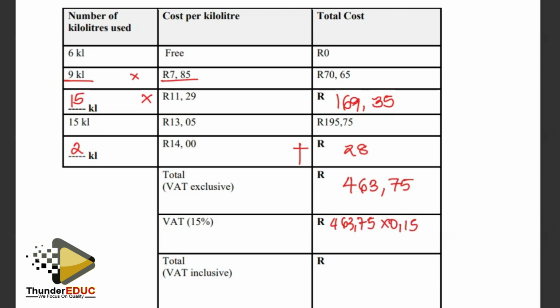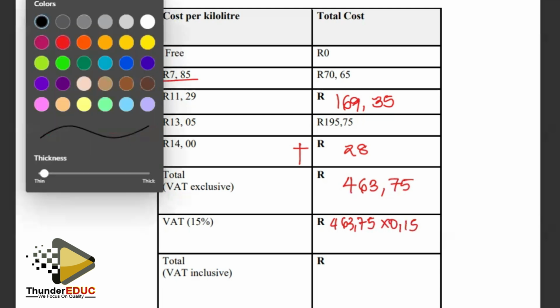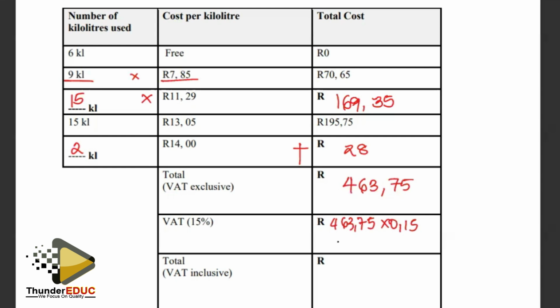And the answer you got here is 69 rands 56. So get this, add it onto that, and you get your final answer as 533 rands, 31 cents.